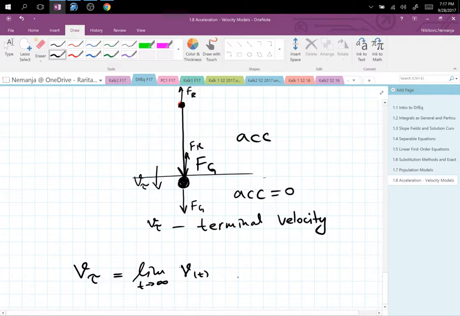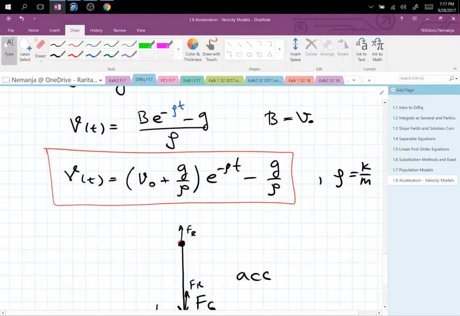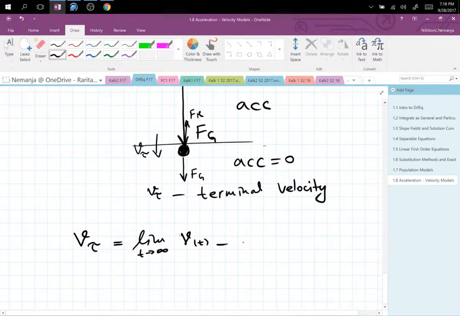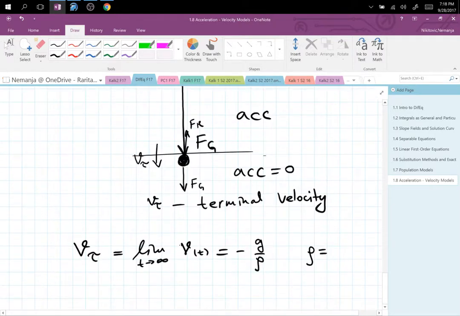Let it fall for infinite time. It will kill this term because it would make it 0, and you are left with g over rho. So it would be negative g over rho. And then we know that rho was defined as k over m.